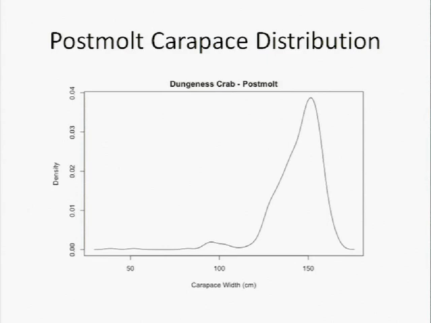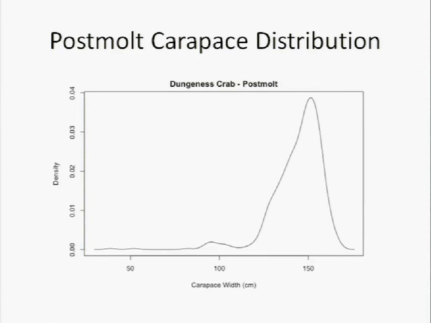Okay, so we have the pre, and then we have the post, and we're just looking at the density of it. And we notice that the post is larger after a particular molting season. And what we want to be able to do is, if I have a crab where I have the post-molt size, I want to be able to predict the pre-molt size using this technique called regression.